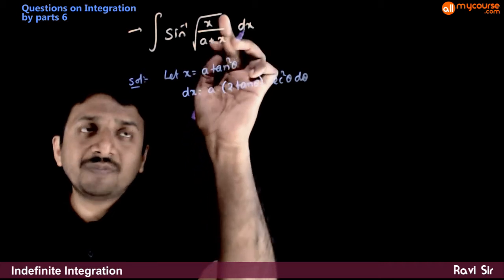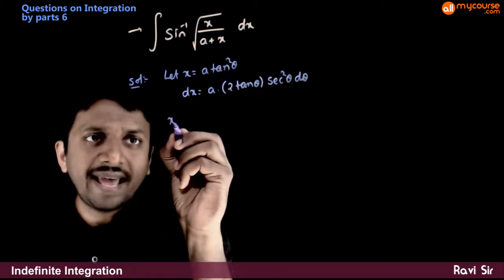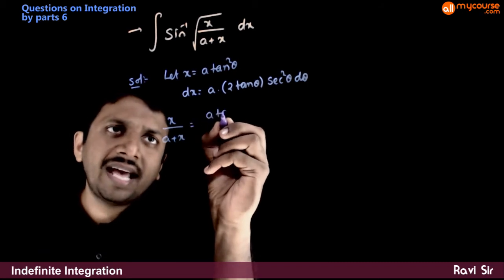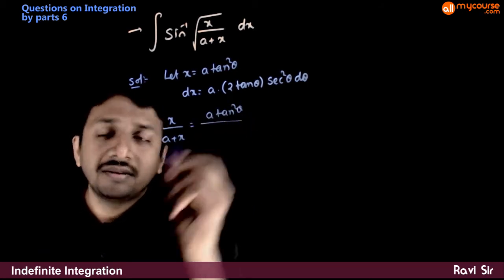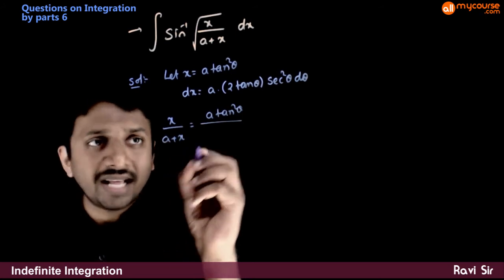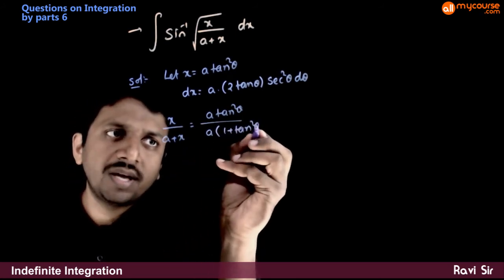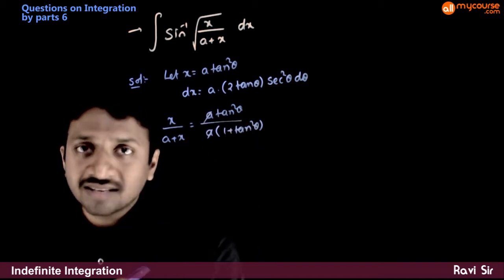Now what is x by a plus x? x by a plus x is a tan square theta by a plus a tan square theta, that is a times 1 plus tan square theta. So a and a get cancelled.